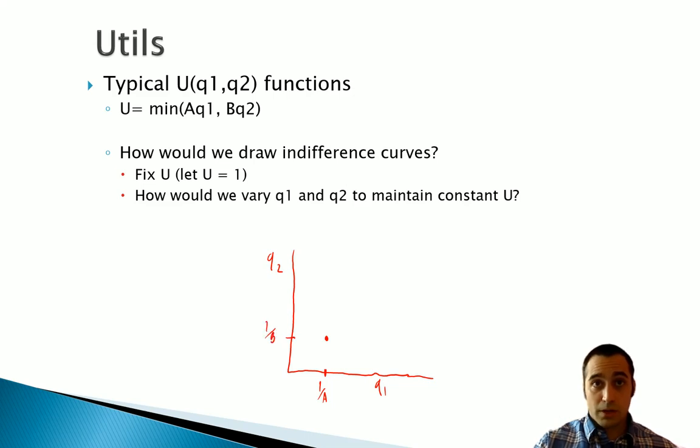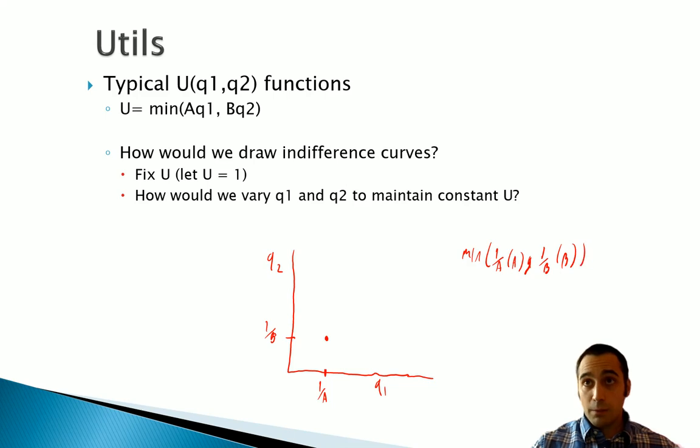The next question is, well, what happens to my utility if I increase my q2 alone? Well, note that I'm looking at min of 1 over a times a q1, which is 1. Then I have 1 over b times b. That equals min of 1, 1 equals 1.